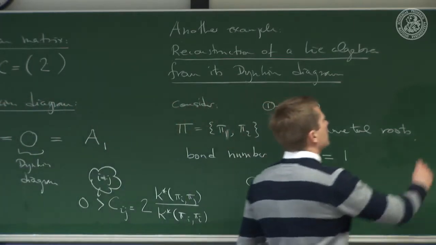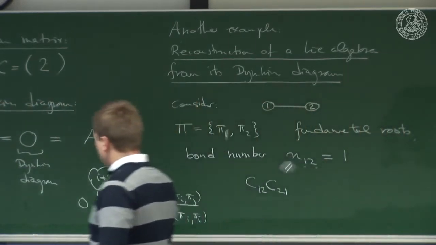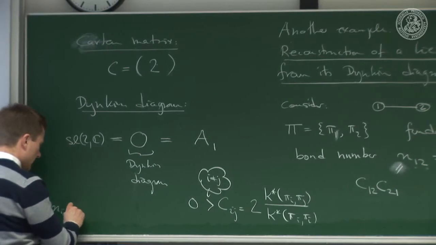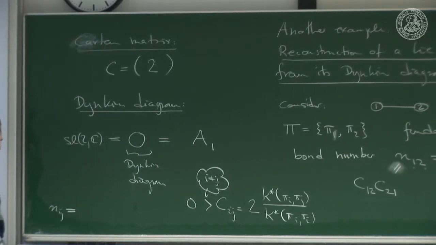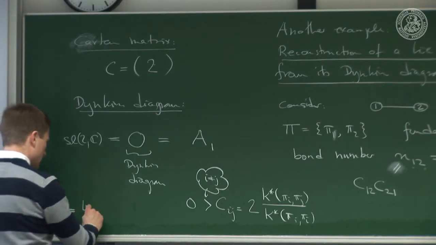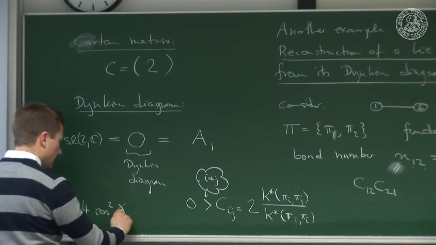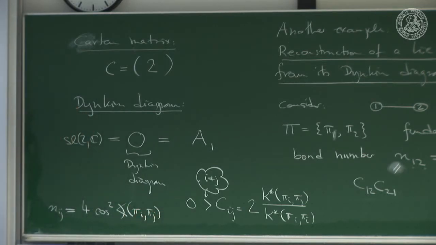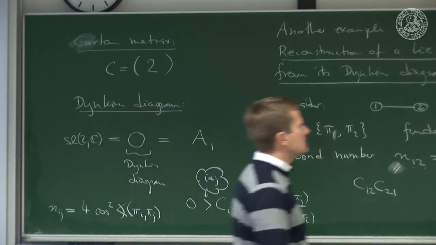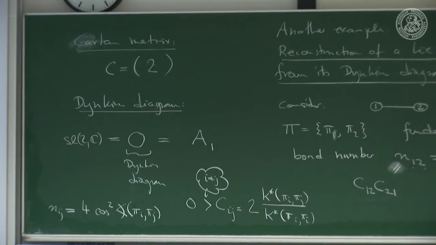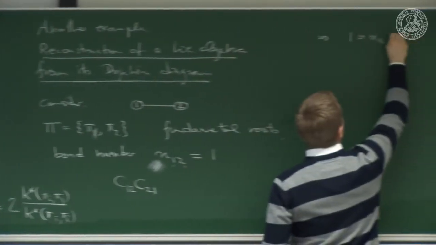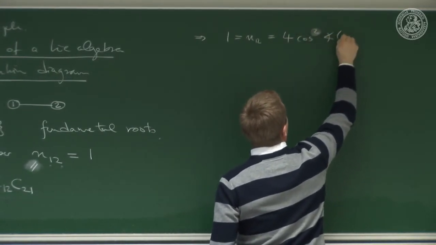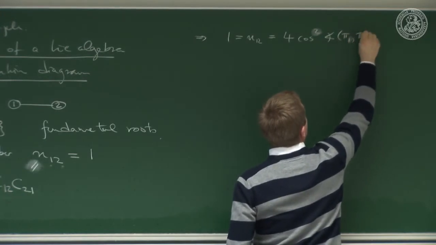And we also found that Nij was equal to 4 times the cosine squared of the angle between the ith and the jth fundamental root. So in our case we have 1 equals N1,2 equals 4 times the cosine squared of the angle between our 2 fundamental roots.